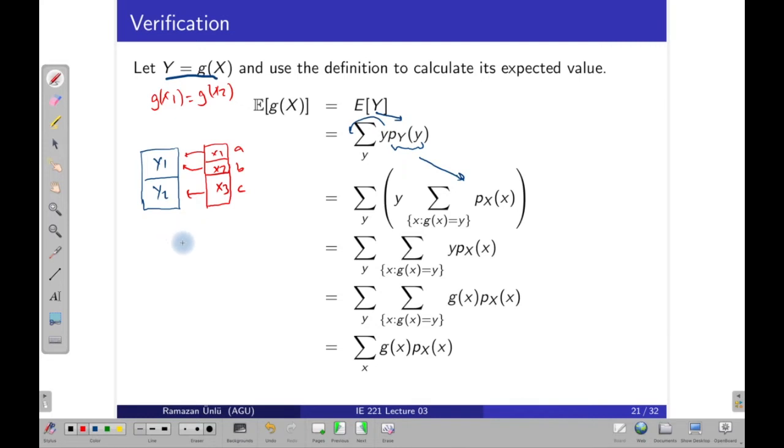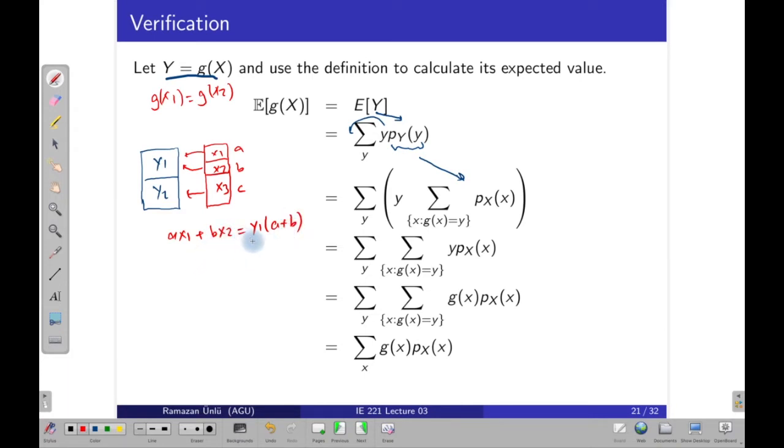So in this case, we can say that a times x1 plus b times x2 is actually y1 times a plus b, right?